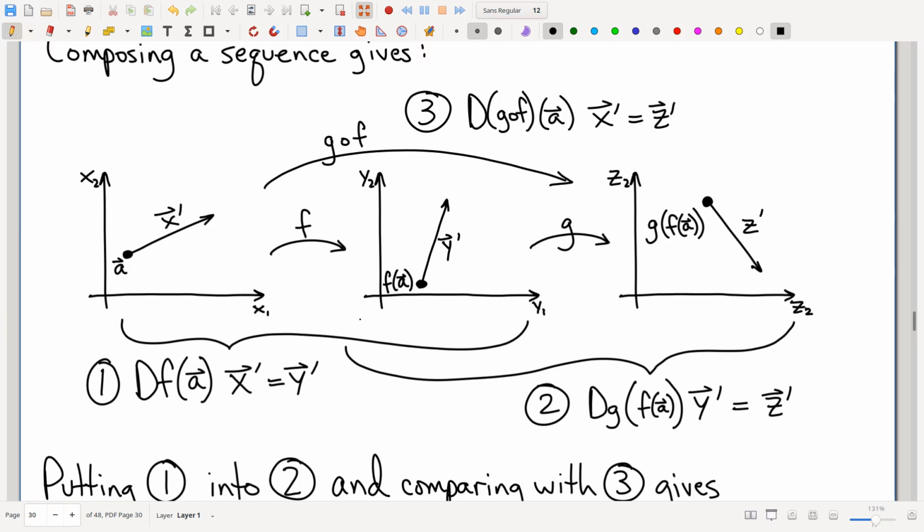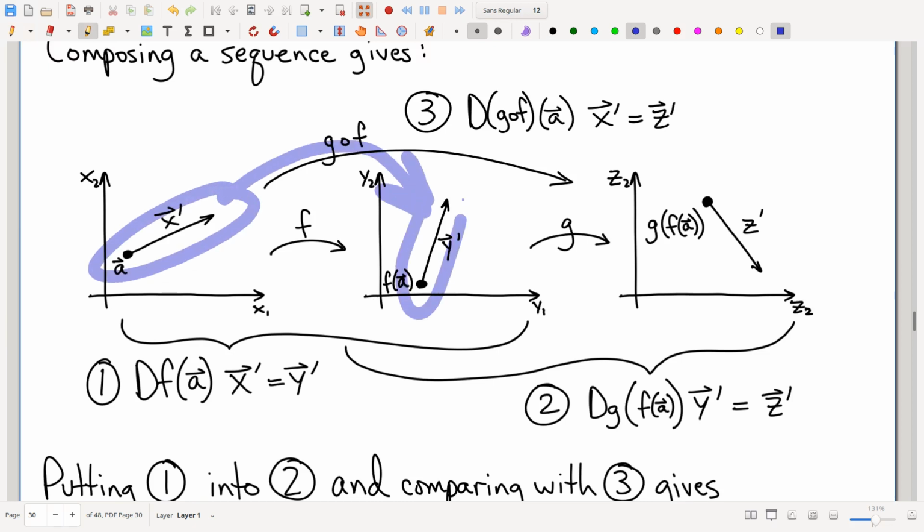Next little observation I want to make is that we've observed that df is what turns x prime into y prime, and here it is, df. But when I say df, I mean as applied at a particular location.